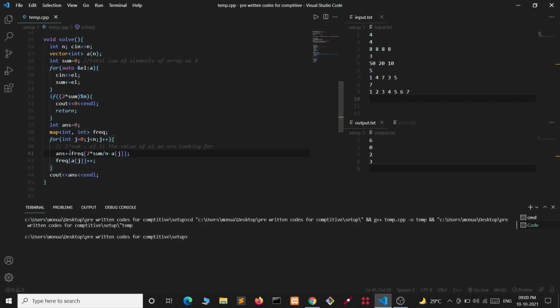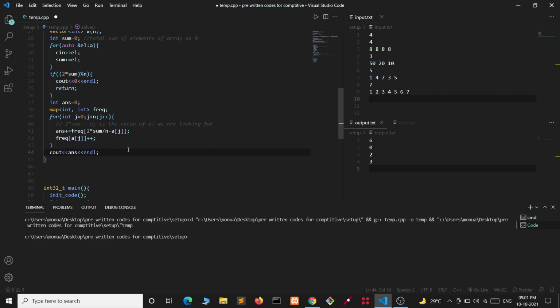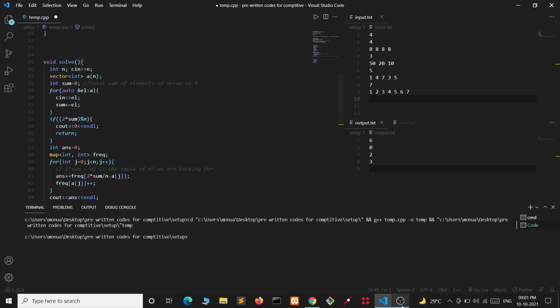So we increase our answer by the frequency of the elements ai before aj, which have value 2 times sum divided by n minus aj. After that, we increase the frequency of the current element at which we are, and that's the answer we are printing. That's it. Thanks for watching.